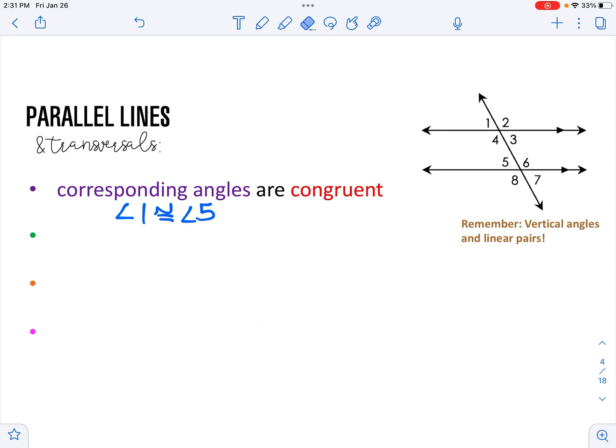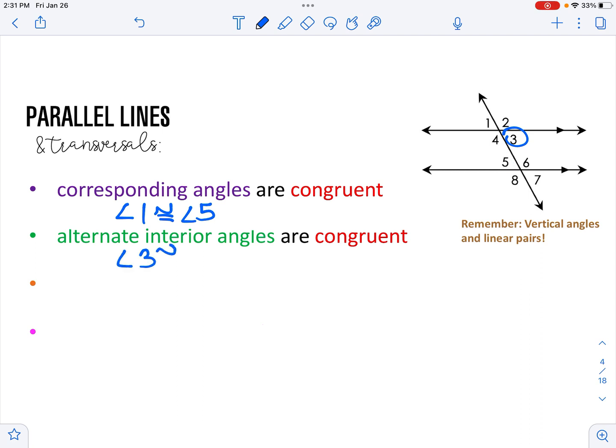Okay, also, the other relationships that we talked about are also congruent, or at least some of them are. Alternate interior angles are congruent. An example of alternate interior would be like 3 and 5. Those would be congruent.